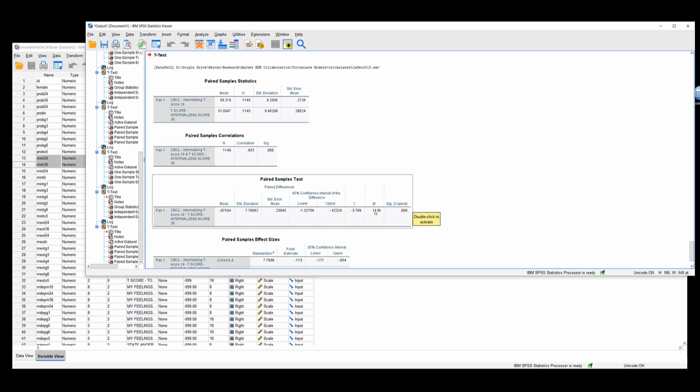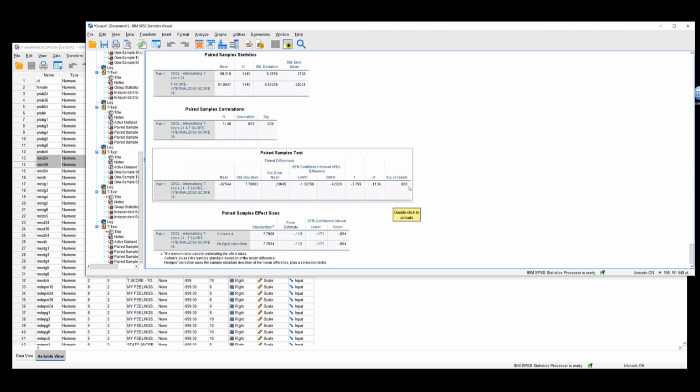So again, I mentioned with large samples, it affects this significance. The degrees of freedom, or the number of people, is calculated in this final number here. So sometimes with these really large studies, we find it significant, but that's not a very big effect because this large sample allows us to find small effects.